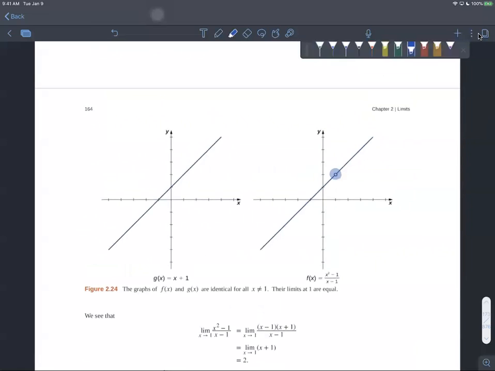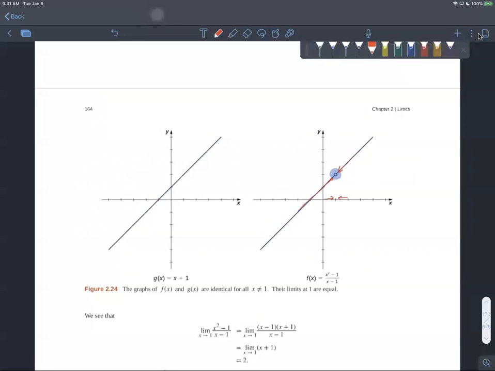Yes, because they only differ at this one value, when x is equal to 1. If we wanted to calculate the limit as x approaches 1 from the left and from the right, we're getting closer and closer to a value of, it looks like, 2 here.